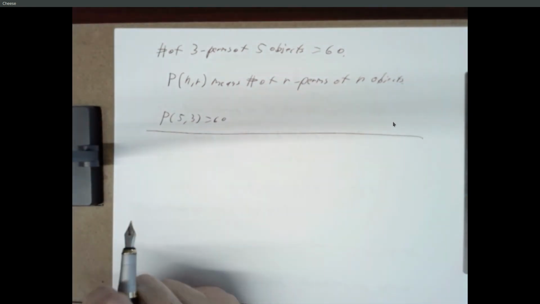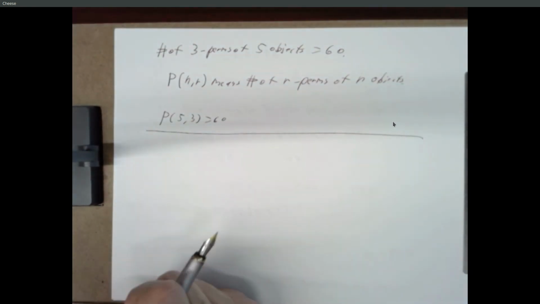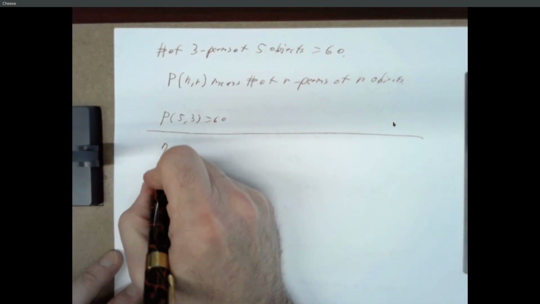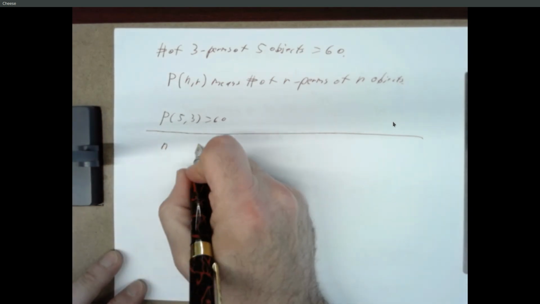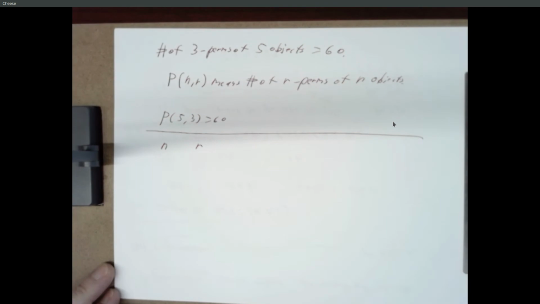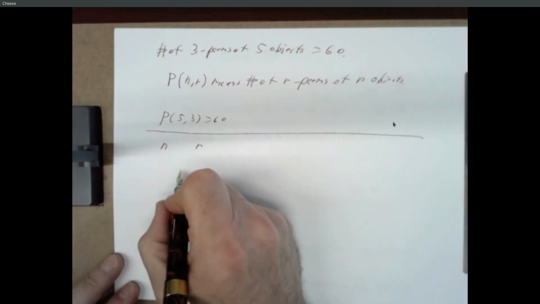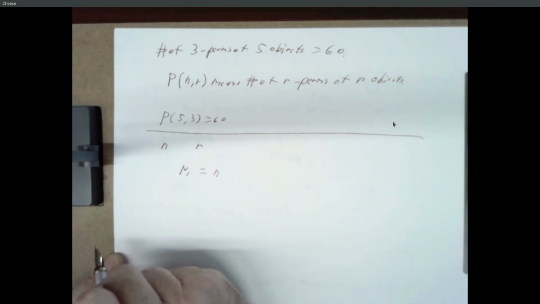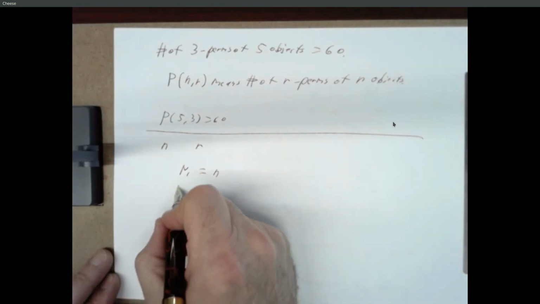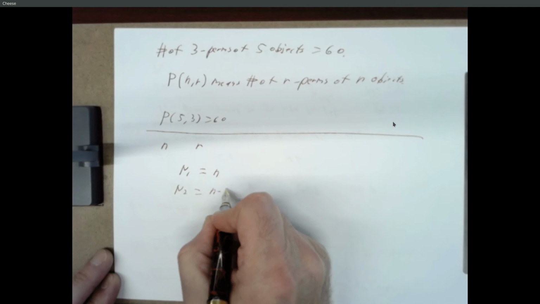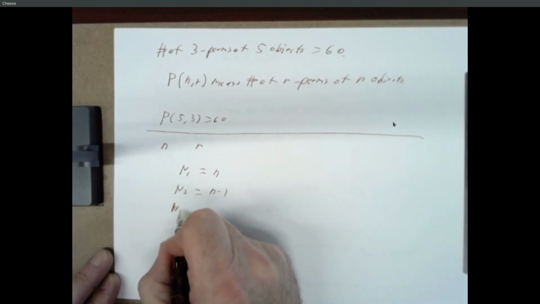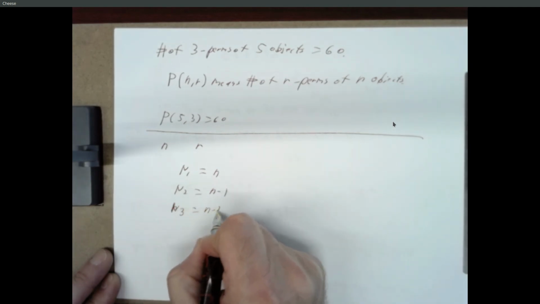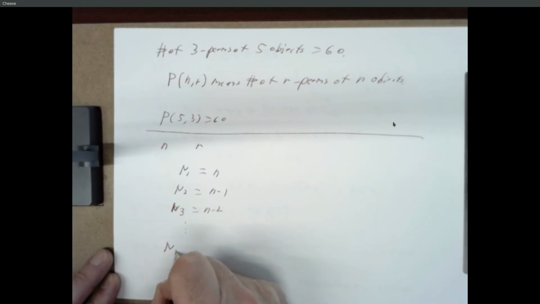All right, well, we can generalize what we just did with students standing in a line. Suppose we have n objects to choose from, and we want to pick r of them in a particular order. How many ways can we pick the first object? A total of n. How many ways can we pick the second object? n minus 1. The third object? n minus 2. How many ways can we pick the rth object?